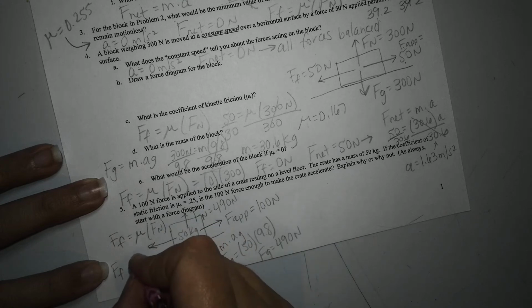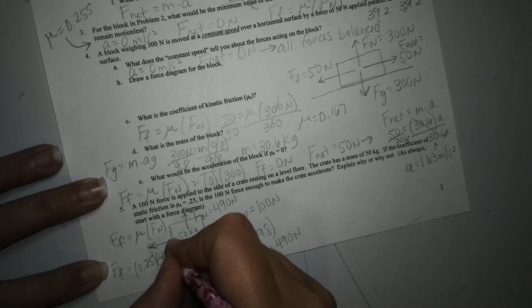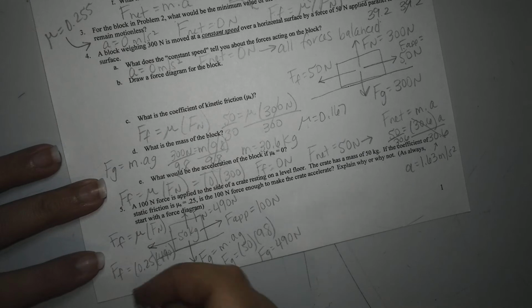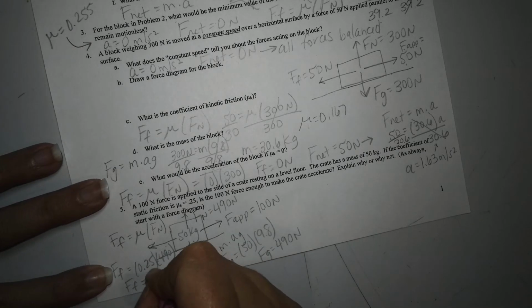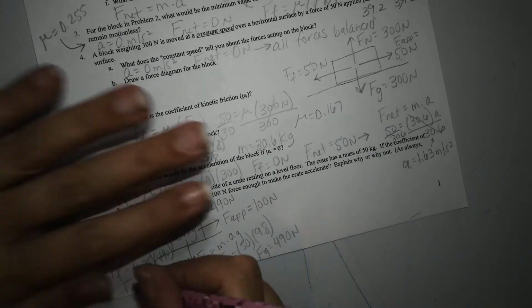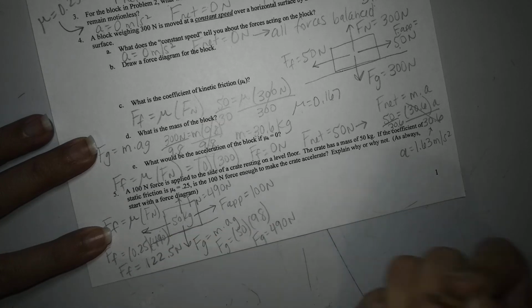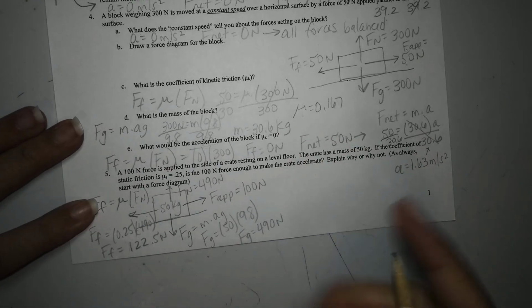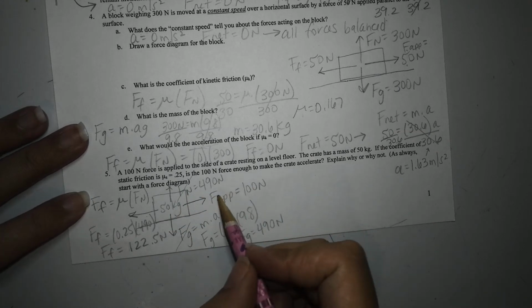My mu is 0.25. My normal force is 490. So 490 times 0.25. I end up with a frictional force of 122.5 newtons.